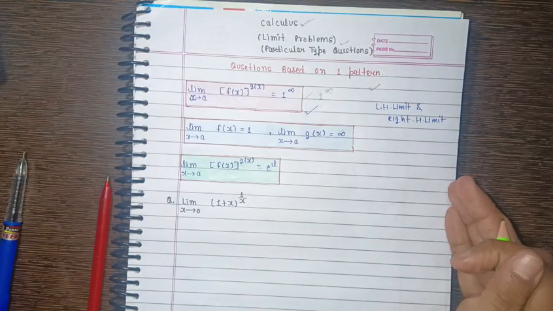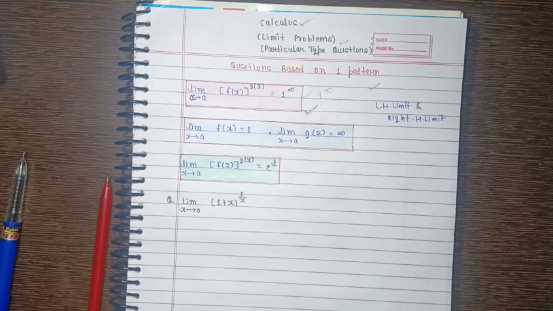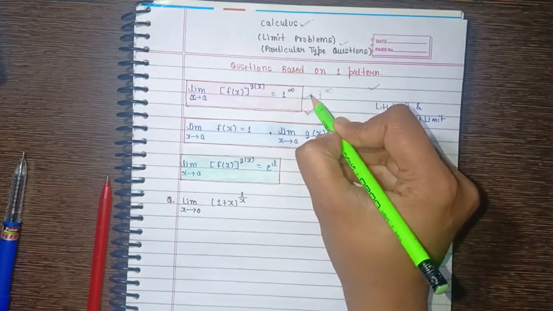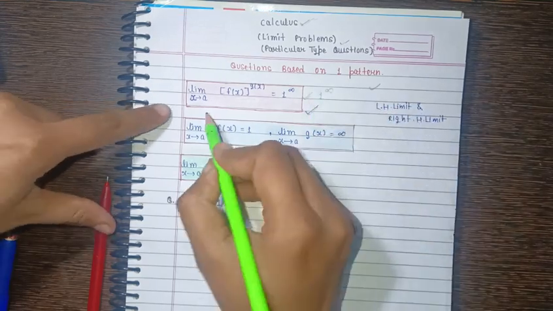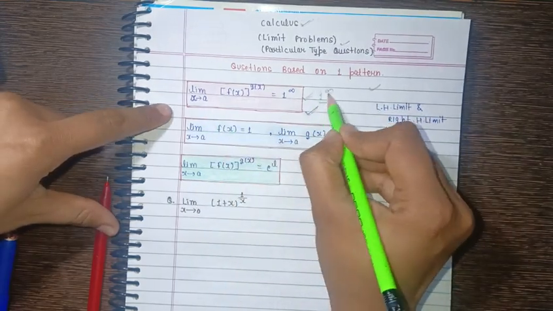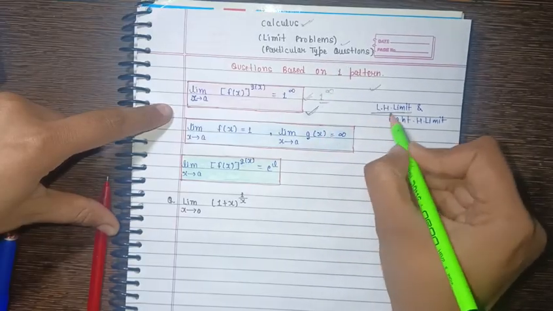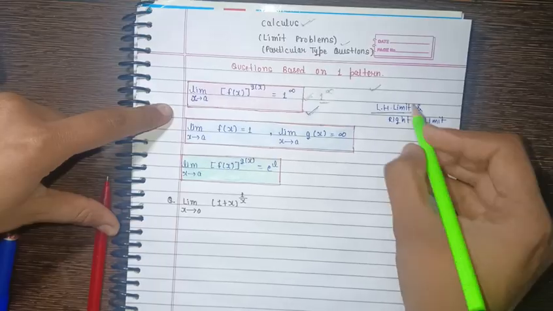My approach is basically easy and simple. After putting the direct value given in the limit, if the value is 1 raised to the power infinity, then you don't need to calculate the left hand limit and right hand limit.